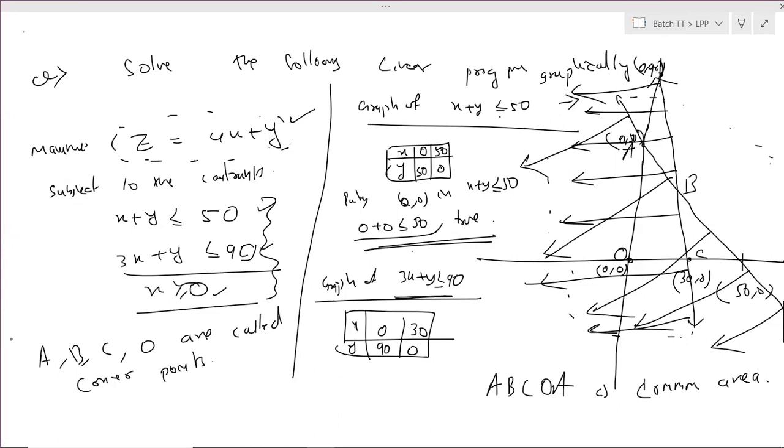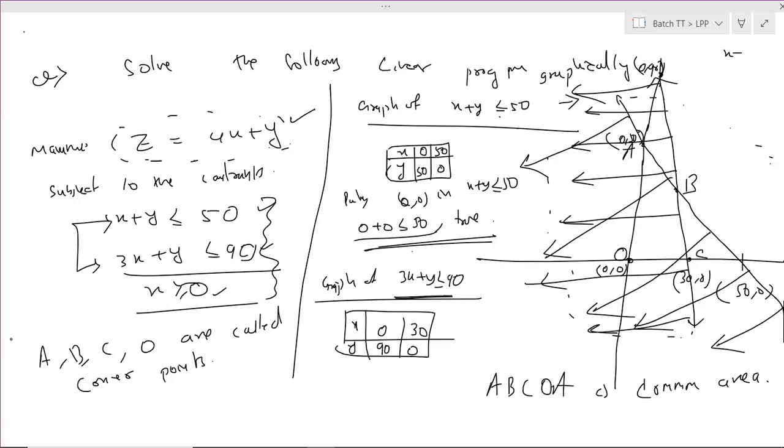So find the coordinates. Tell me the coordinates of B. You can find it by solving these two equations, the intersection.